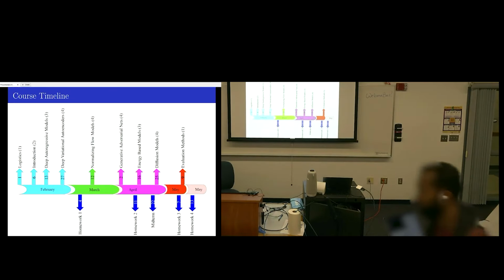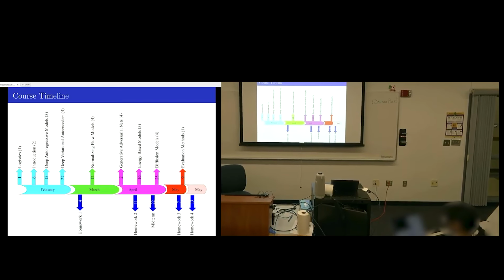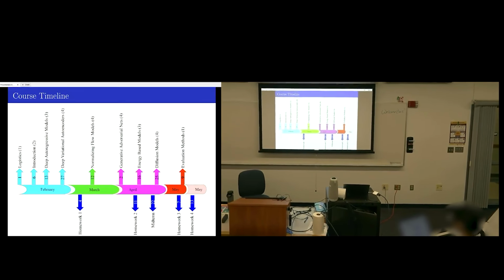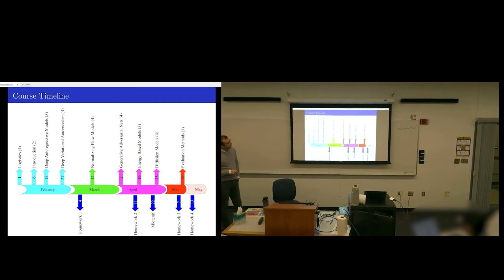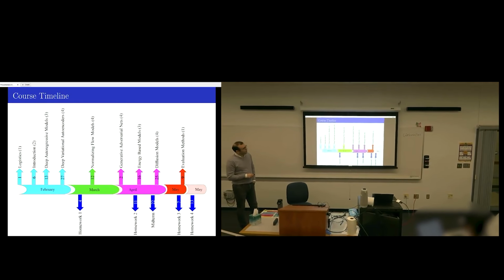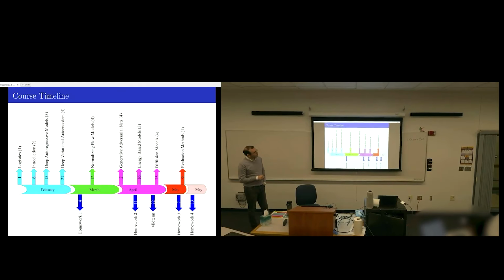So, we start with logistics today, 1 session. Then we have 2 sessions for the introduction. This is the day that we start this topic, and this is the number of sessions. Then we talk about the autoregressive models for 3 sessions. Then we talk about variational autoencoders for 4 sessions.